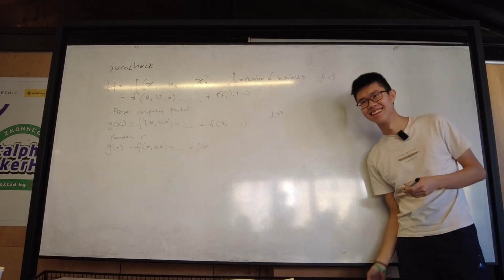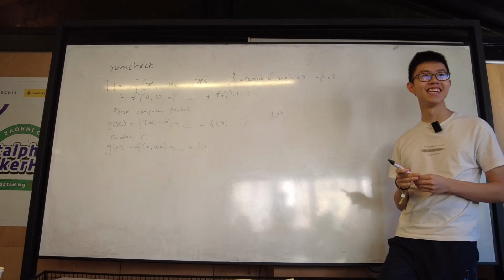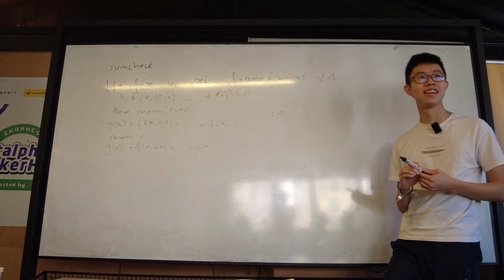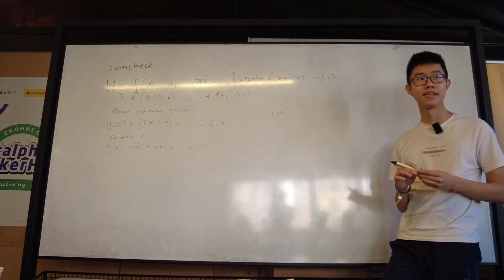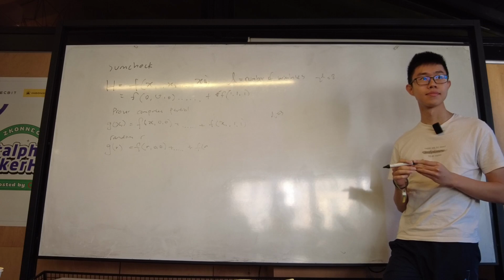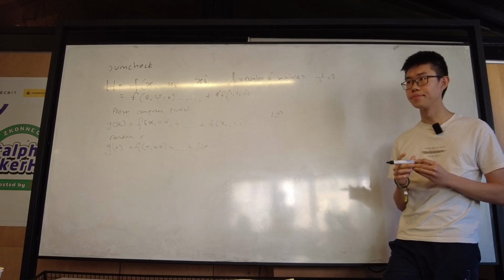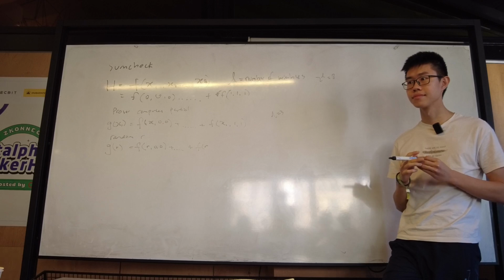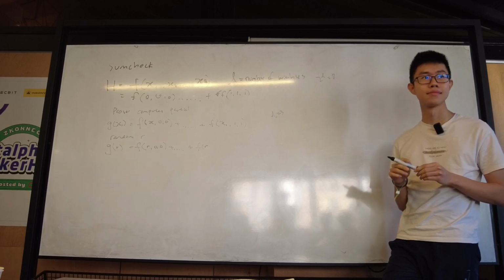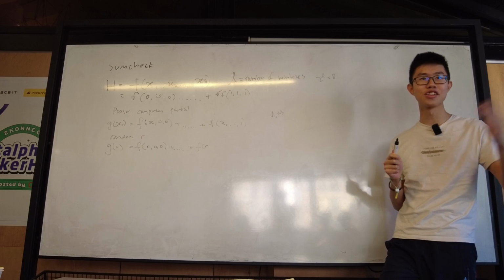Multilinear means that, in this context, each variable has degree at most one, and the inputs are 0 and 1.